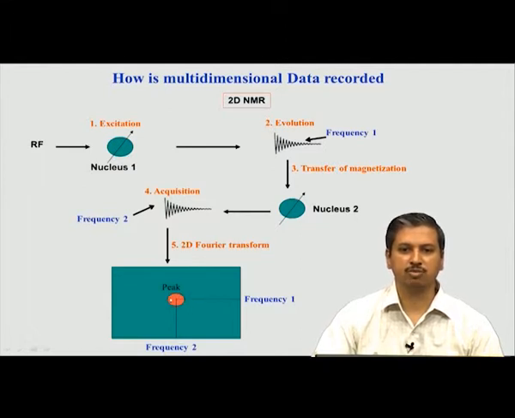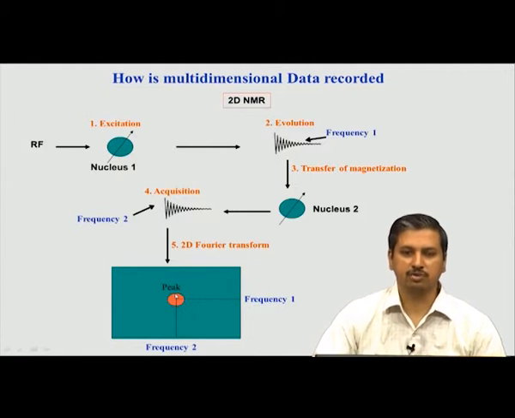This is very similar to the analogy we saw in the last class, that if I plot name on one axis and surname on another axis, I am actually correlating all the names with the corresponding surnames in a 2D. Similarly, here if I have one atom with one frequency in a molecule, and a second atom with another frequency, and if these two are coupled together, in this case by J coupling, then there is a J interaction between them, and that interaction results in a transfer of magnetization between the two.